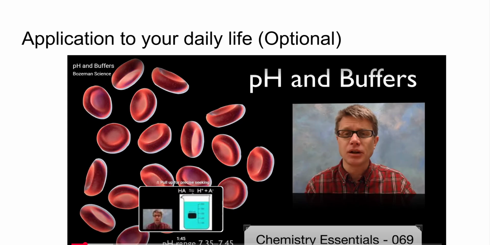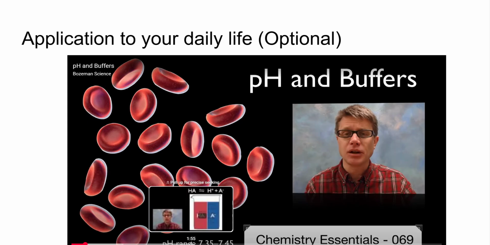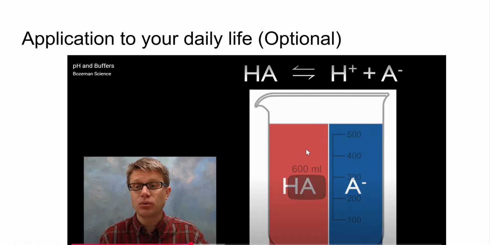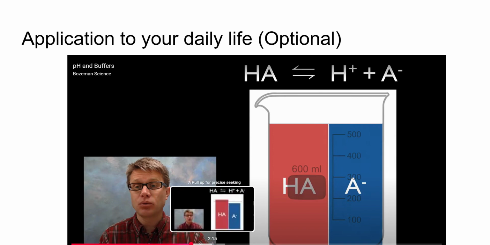Now, if you're struggling with the question on the assignment that is specifically asking you to compare the bar graph of the HA and the A minus, I would suggest fast forwarding and listening to, ironically, Mr. Anderson. This is not me, but another Mr. Anderson, as he explains how a buffer works.